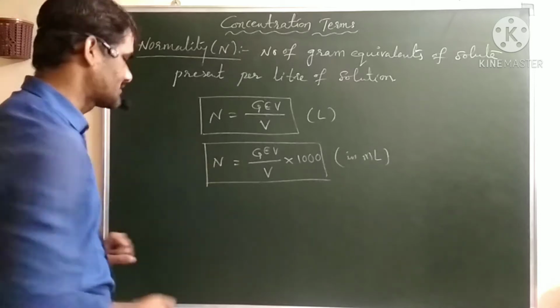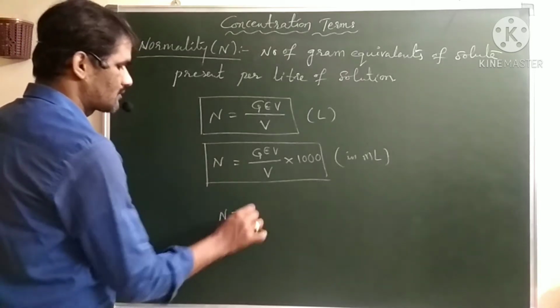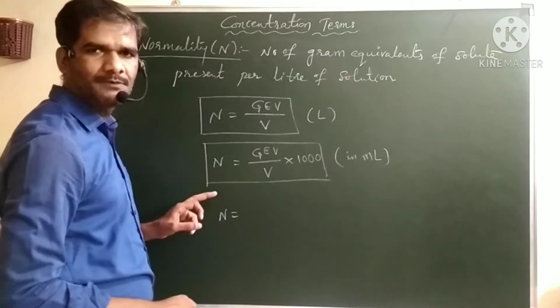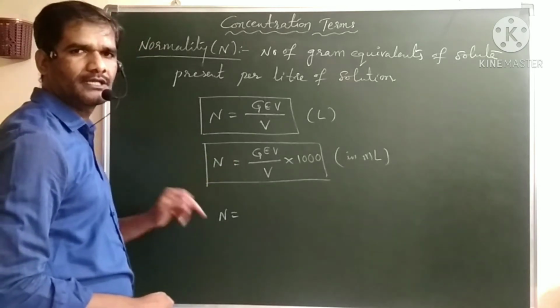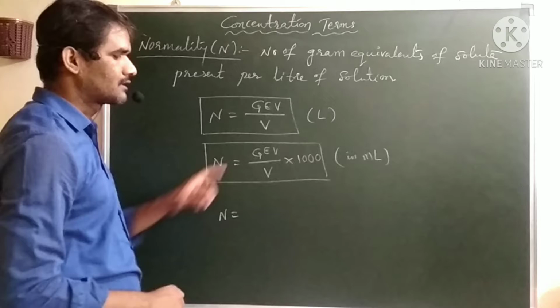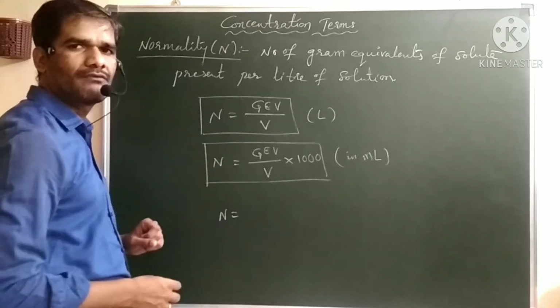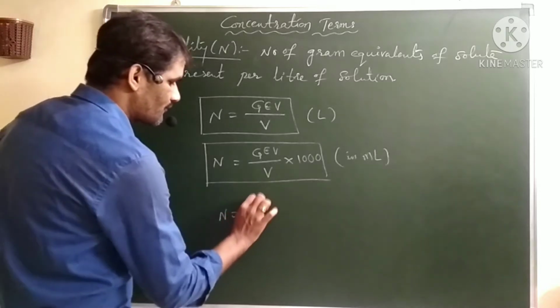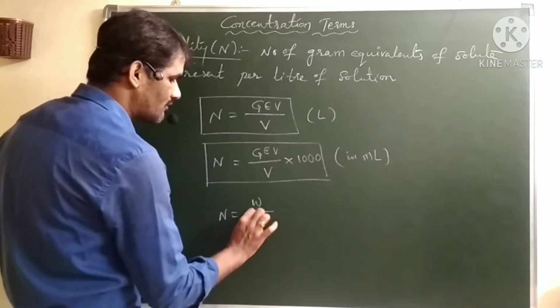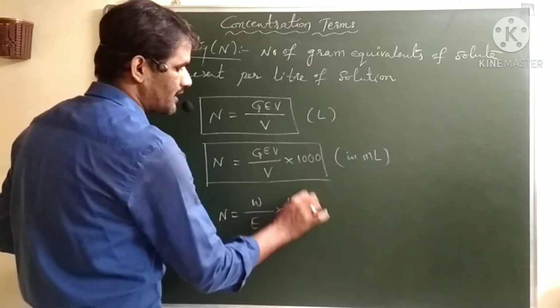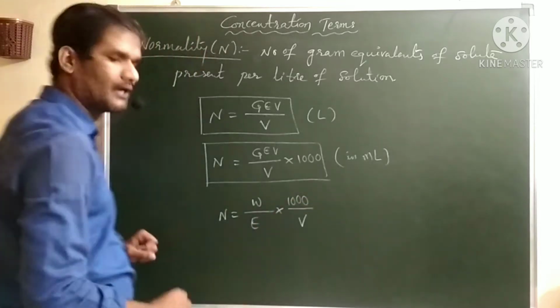Again, further we can expand this formula. Normality is equal to gram equivalents, which I already explained in my previous video. You can check the description about the equivalent concept. So gram equivalents means weight by equivalent weight into 1000 by volume.